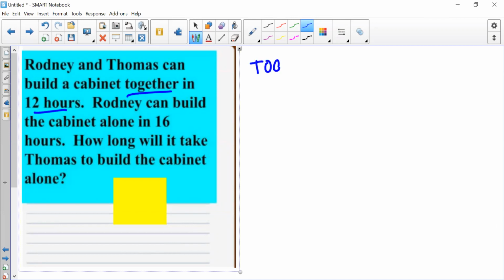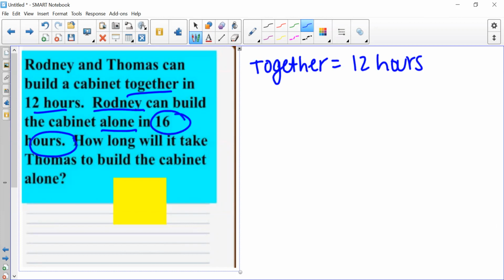They told us the together time. Rodney can build the cabinet alone in 16 hours. So Rodney's rate is 1 cabinet in 16 hours. How long will it take Thomas to build the cabinet alone?